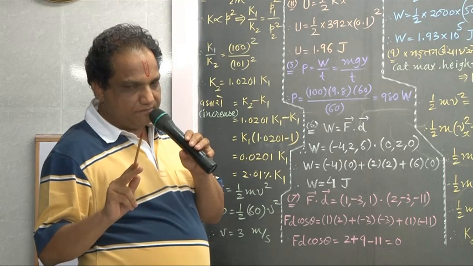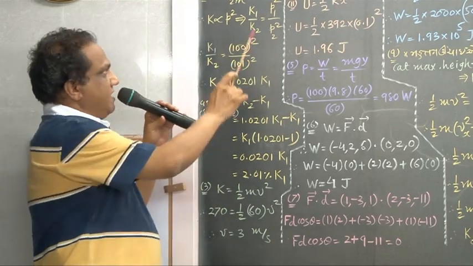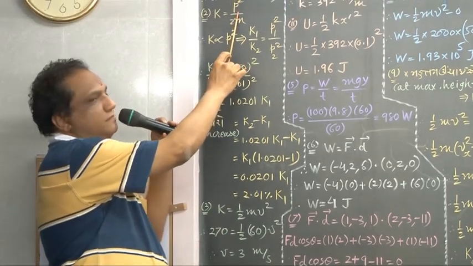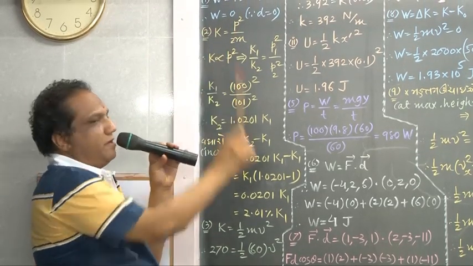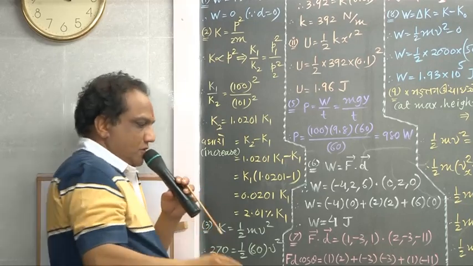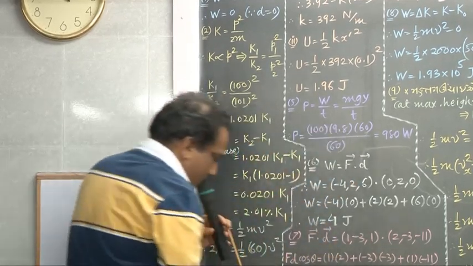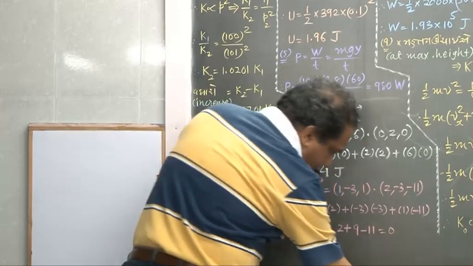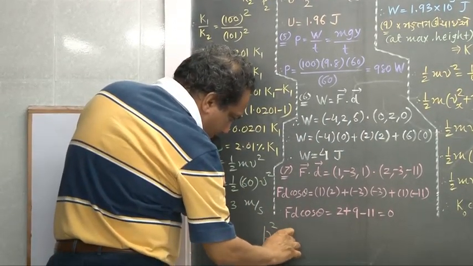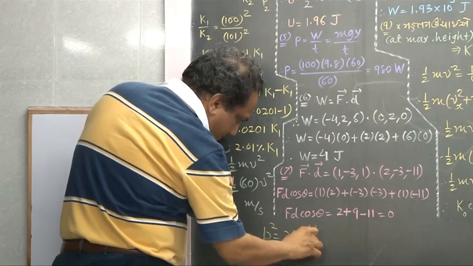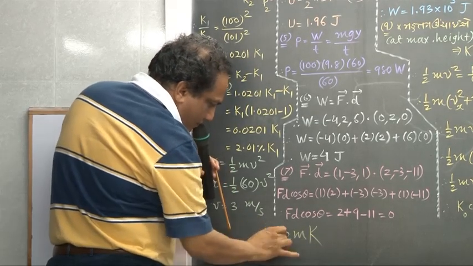Okay? Look here. Suppose I find out P square. Okay? So P square is what? P square equals 2mK. Look. If P square is 2mK, then what is P? P will be under root of 2mK.